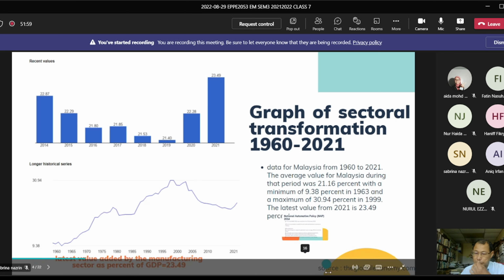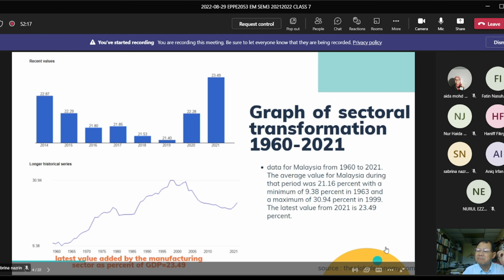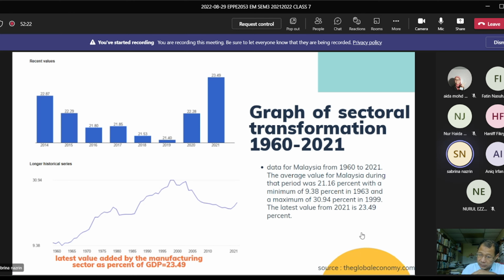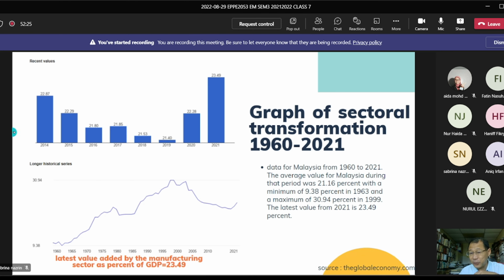So the graph there, latest value added by manufacturing is the share percentage to GDP. Yes, doctor. Okay. If that's the case, that's only one of the graphs that we're looking for.